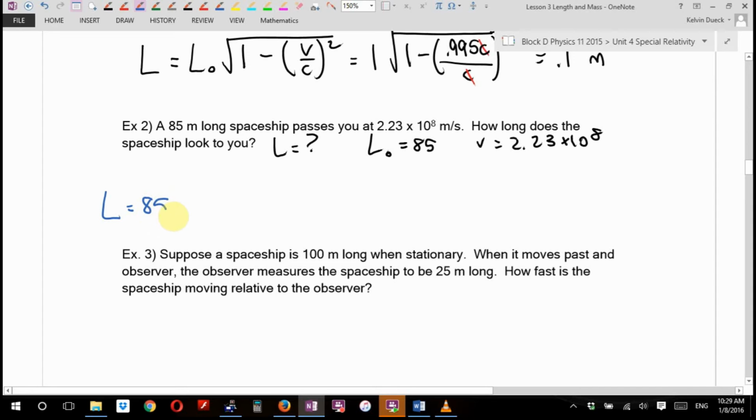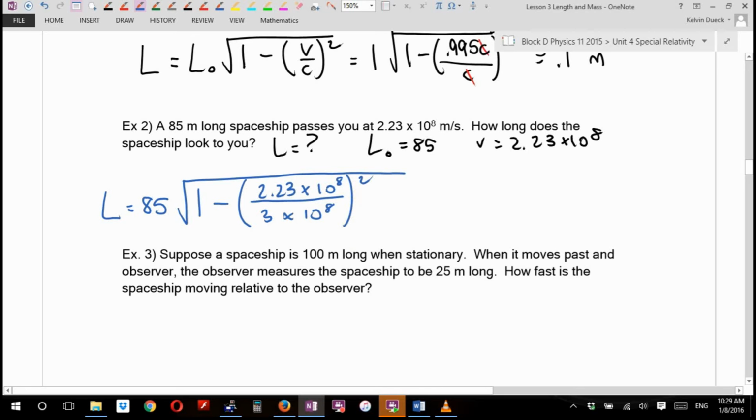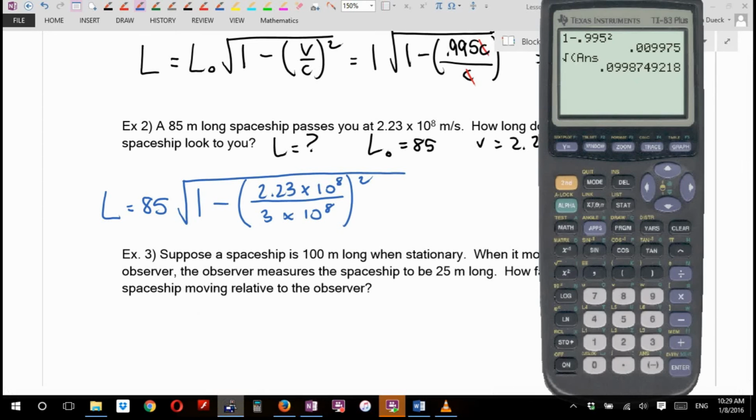85 times the square root of 1 minus 2.23 times 10 to the 8th all over 3 times 10 to the 8th, all squared. 2.23 times 10 to the 8th divided by 3 times 10 to the 8th, squared. 1 minus that, square root of that, times 85.